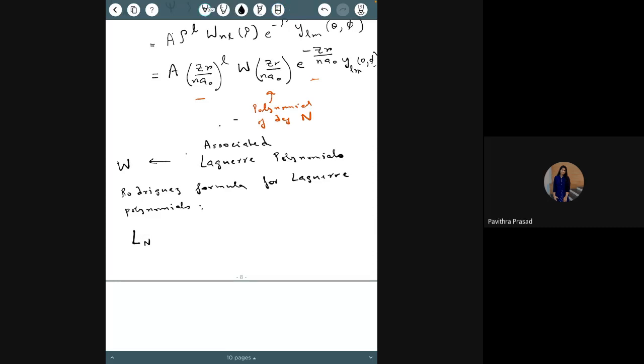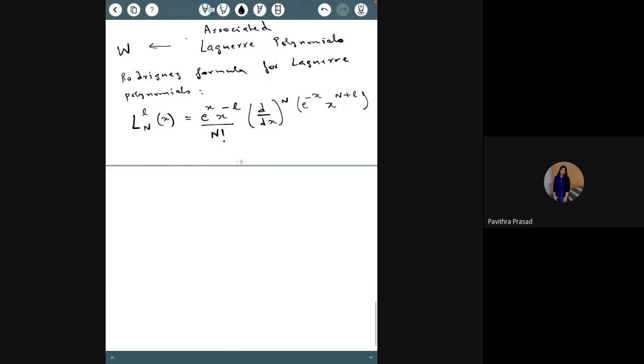So that is capital N and L. As a function of x. So in our case, x would be rho, or it would be r, depending on which form you take. Minus L by N factorial. This is the general form of the associated Laguerre polynomial.